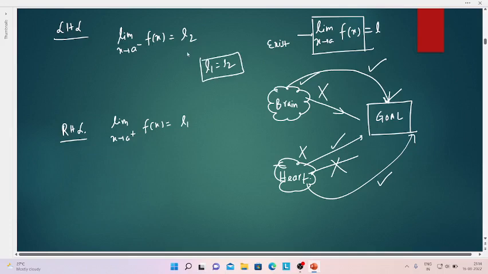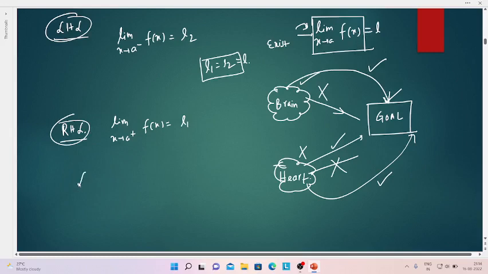That is very important. When the left hand limit and right hand limit exist and those are equal, then we can say that the limit, which is actually limit x tending to a f(x), exists and is equal to L. Let's say L1 equals L2 equals L, then that limit will also be L.